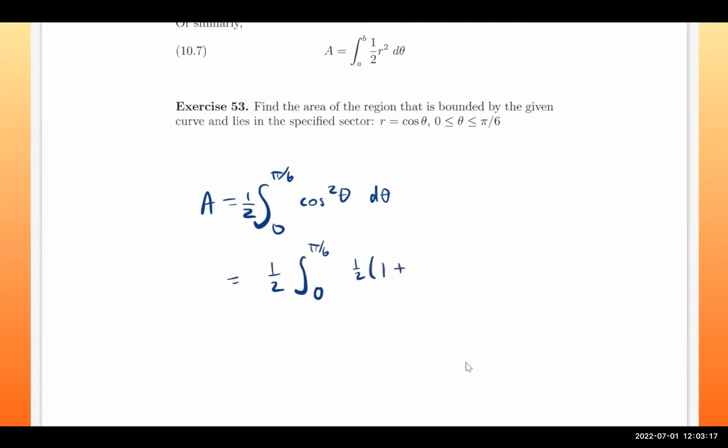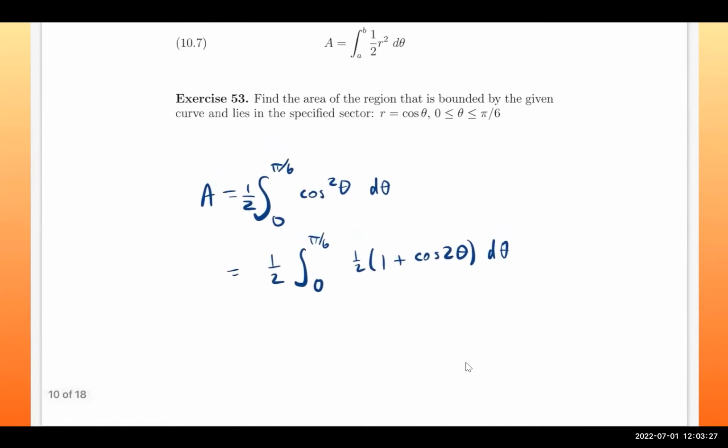Remember, the identity for cosine squared is 1/2 times (1 plus cosine 2 theta). That's one of the identities that we know and we can use whenever we have cosine squared. The 1/2, I'll bring that outside, so now it becomes 1/4, integral from 0 to pi over 6, 1 plus cosine 2 theta, d theta.